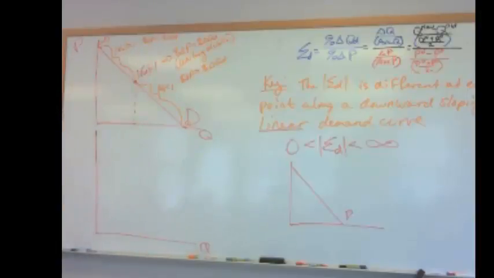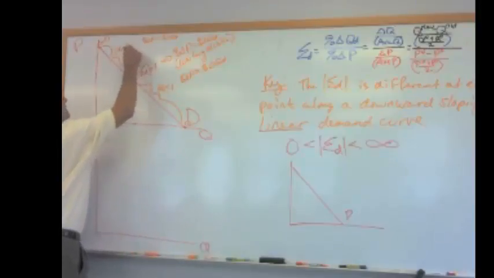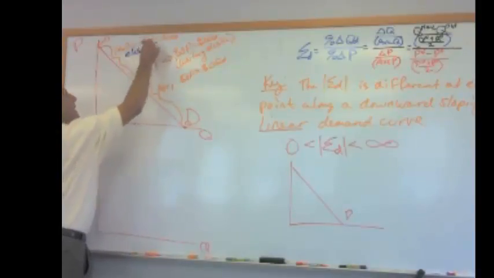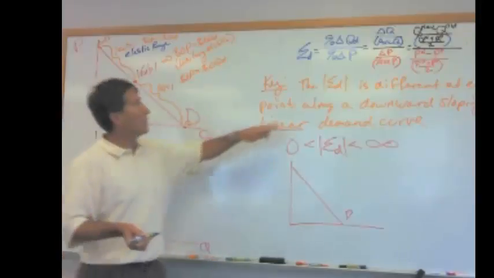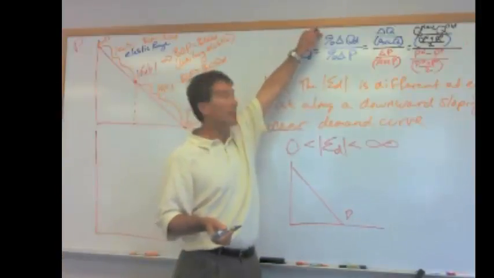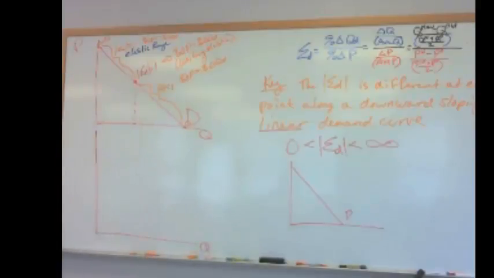Responsiveness, elasticity. So this is called the elastic range of the demand curve. Whenever the elasticity is greater than 1, and we get a lot of bang for our buck, the upstairs is big compared to the downstairs, we say that demand is elastic.